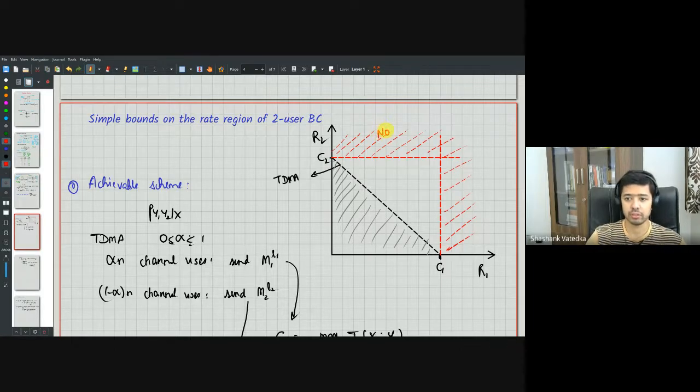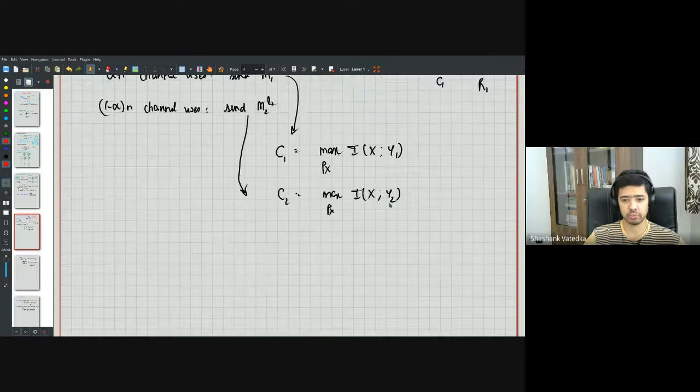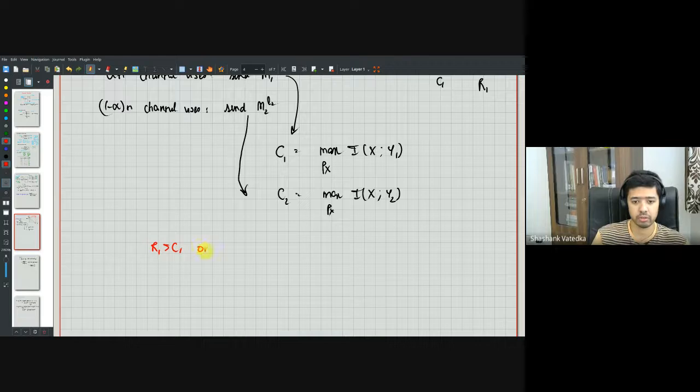So this is not achievable. Okay, great. So we definitely know that this is not possible. So any rate R1 greater than C1, or R2 greater than C2, not achievable. So any R1, R2 which satisfy either of these are certainly not achievable.